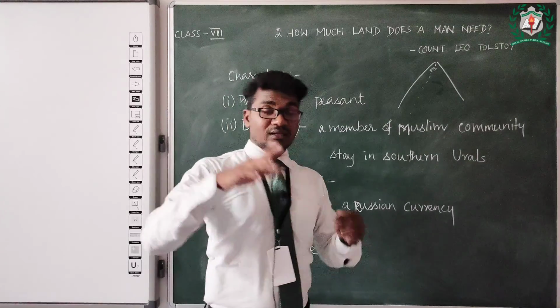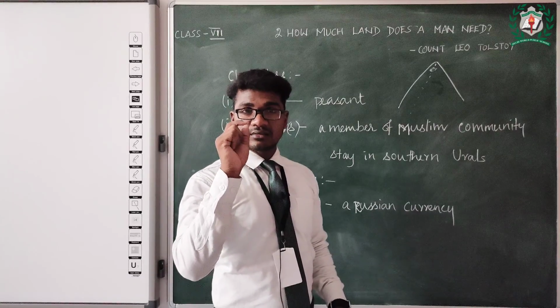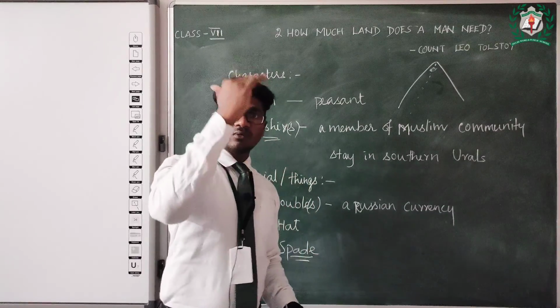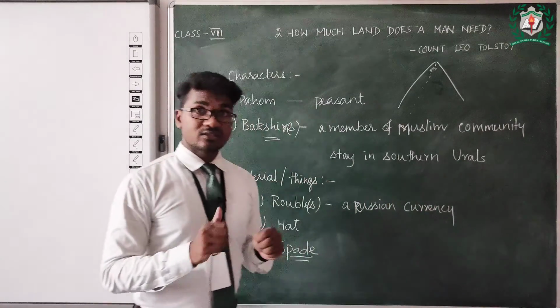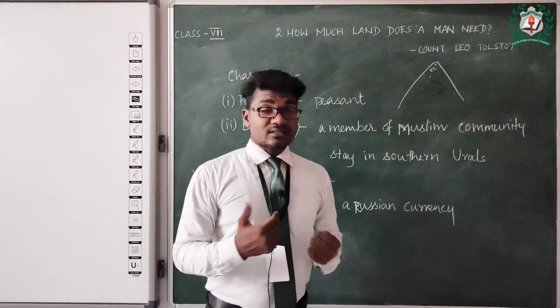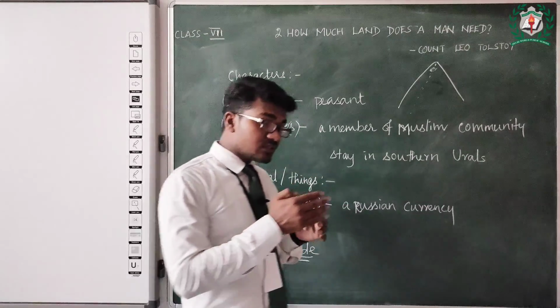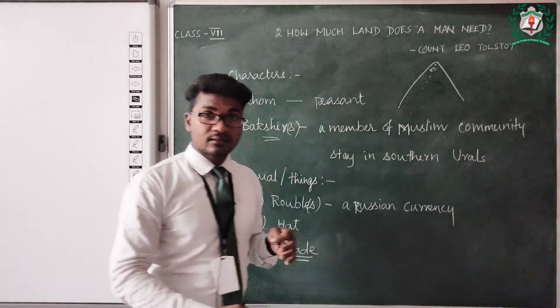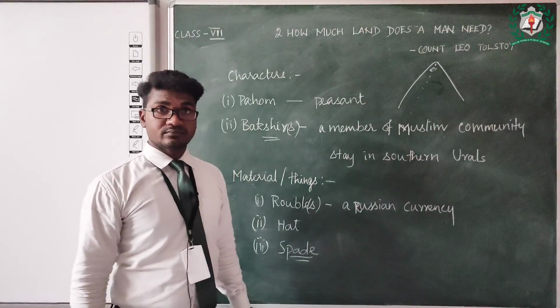Then he understood that at the bottom of the hill the sun sets very early, but at the top of the hill the sun did not set. So he reached, totally breathless, and he reached near the hat, and he fell down.